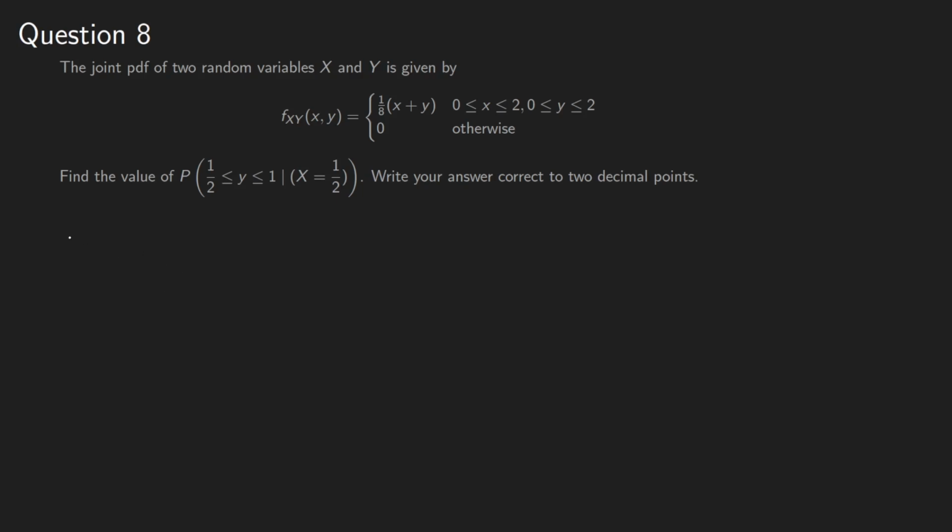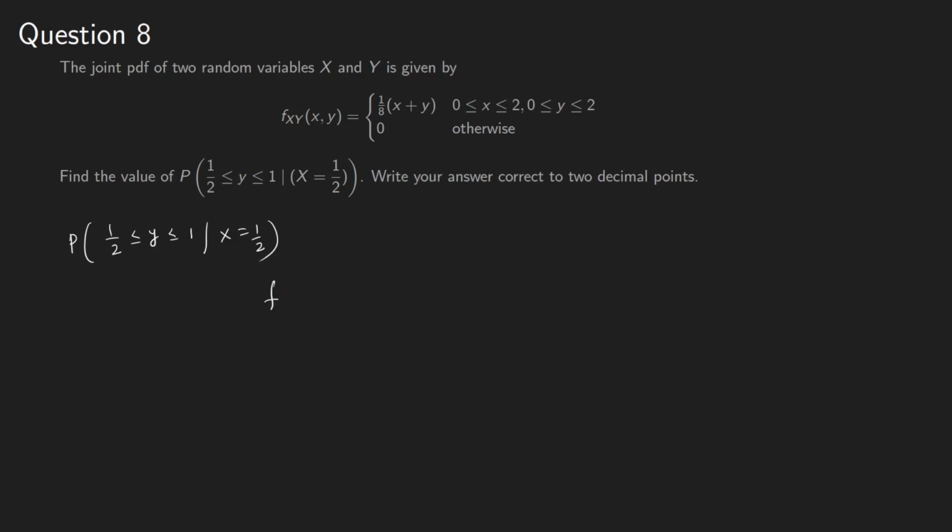So let's first write this probability that y falls in between half and 1 given x equals half. So it means if we are able to know the conditional distribution of y given x has taken some value, then we will be able to find this probability.